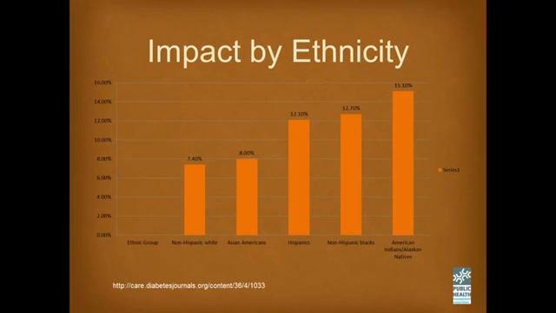Hispanic Americans have a 66% higher chance of developing diabetes. Those numbers are not only significant, but they're really important when we consider prevention techniques that we employ related to the various ethnic groups.